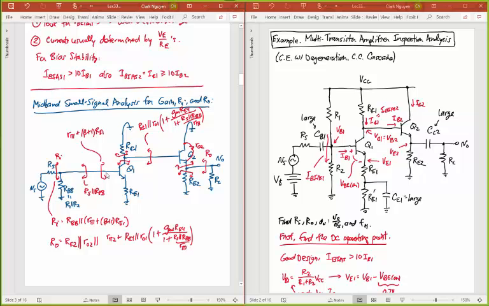That whole thing there. But I'm not done yet, because I'm still in the midst of getting the resistance seen looking up this way. All I did was take R pi of Q2, add all of this resistance to that, and then I've got to divide that by the beta of Q2. So I will write that as beta of 2. And that becomes one of those terms that I'm putting in parallel with these two right here.